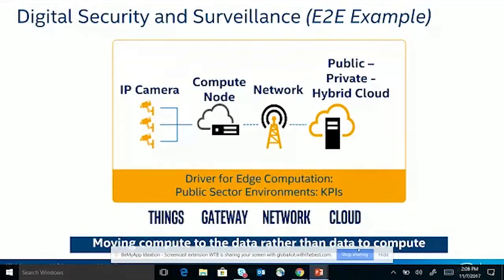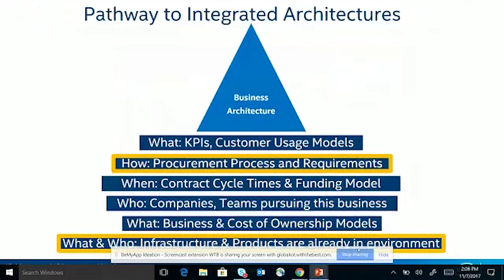So when we start to look at these different architectures, and we talked a little bit when we began today about business architecture, technical architecture, and also market architecture, I wanted to share what the makeups of these architectures are and why this is important to the public sector.